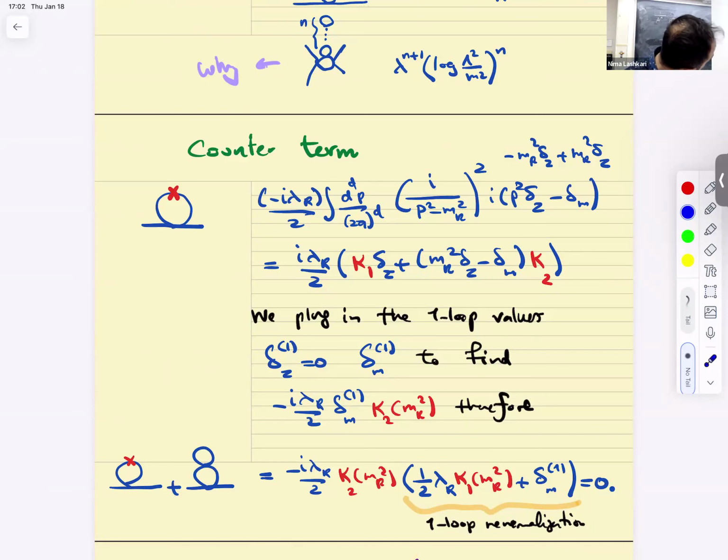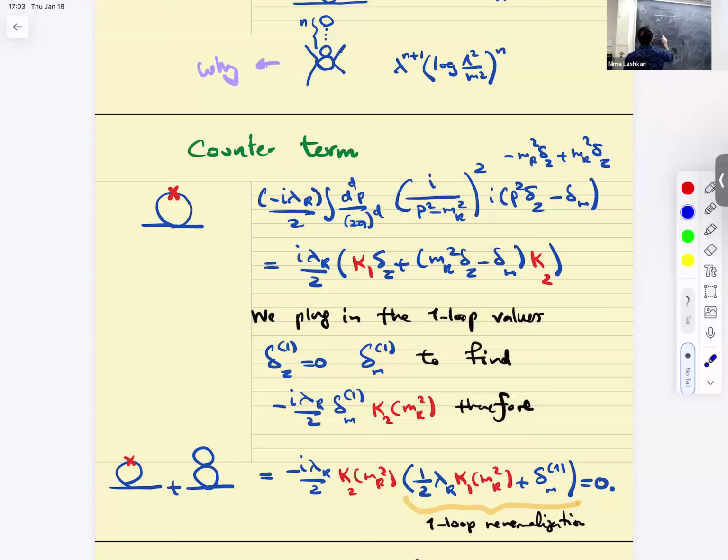Here we are plugging in the one loop values of the deltas. Yes. But we write these deltas as a particular expansion. So shouldn't there be a term which includes delta, tau, or whatever, at the second order? Oh, you're asking because we're at two loop. Here's delta z, for example.